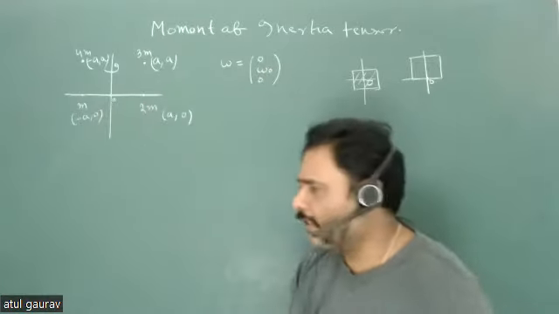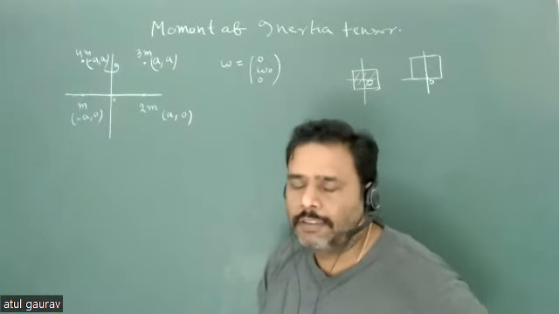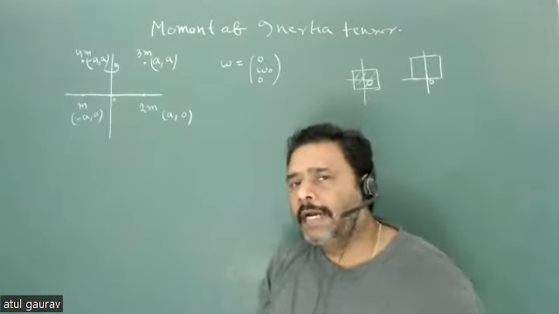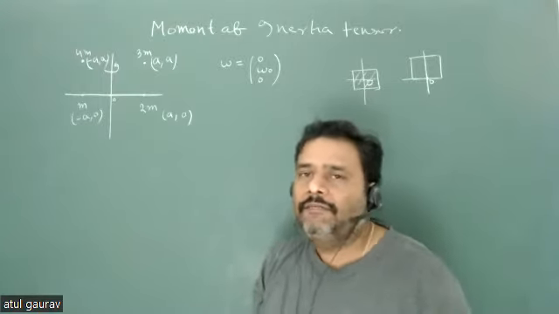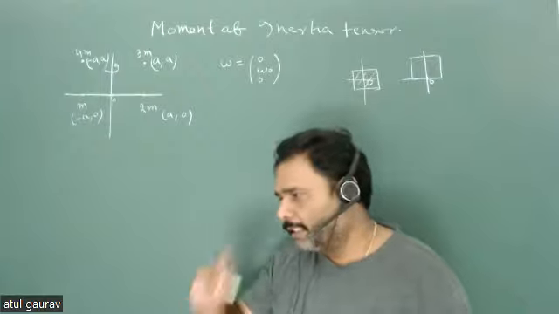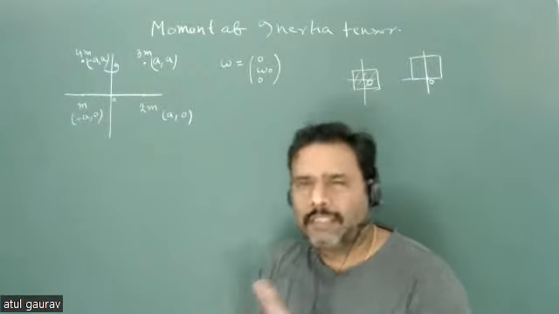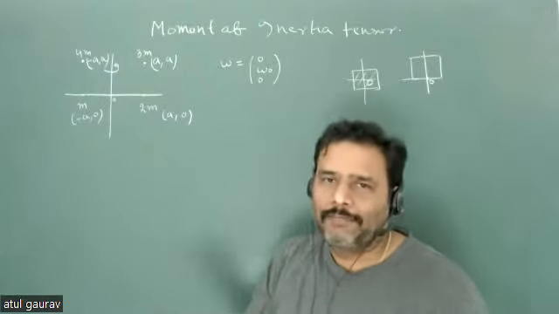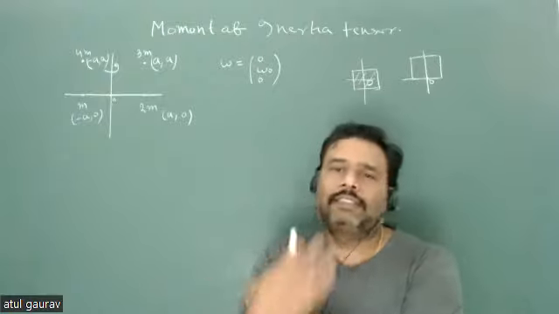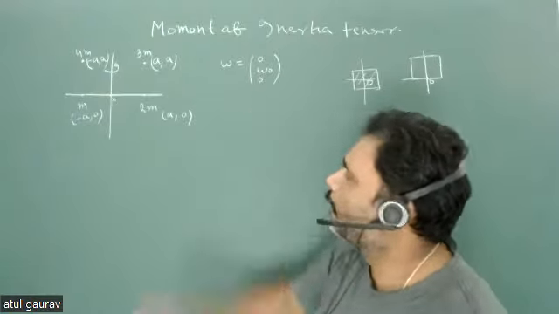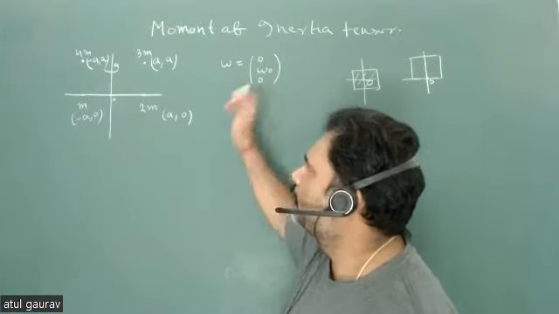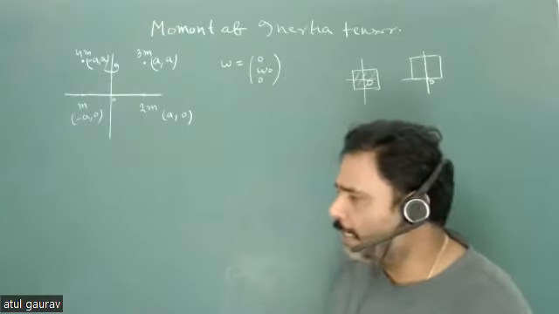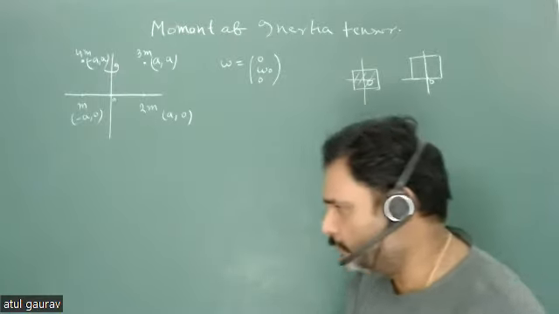Angular velocity is a vector quantity. So what we have to do is first calculate the moment of inertia tensor, and then calculate the angular momentum. The whole system is rotating somehow, and how it rotates is a different issue, but it is rotating with this particular angular velocity. I have written this in vector or matrix form. So we have to calculate the angular momentum also.